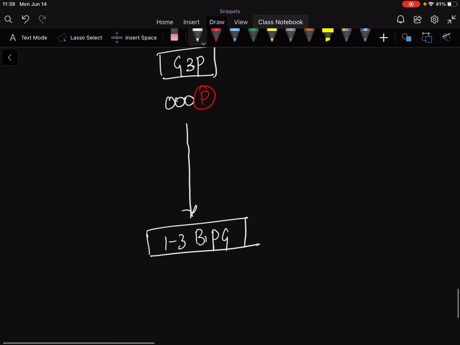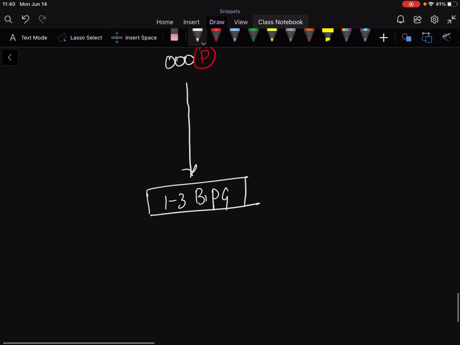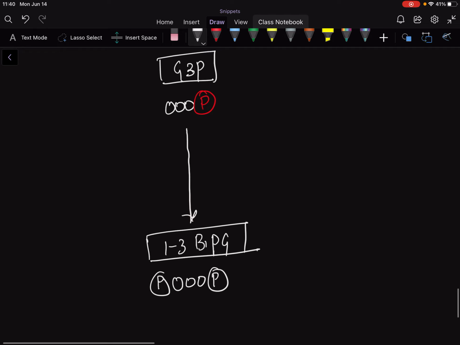Okay. So 1,3-bisphosphoglycerate is nothing but, as the name suggests, at the first position a phosphate is added and at the third position a phosphate is added. That's why this is called 1,3-bisphosphoglycerate. Okay. So what is happening here? As you can see, during this step, a phosphate is being added.